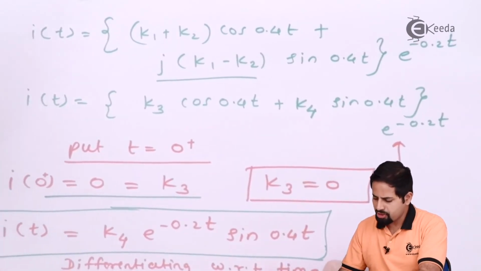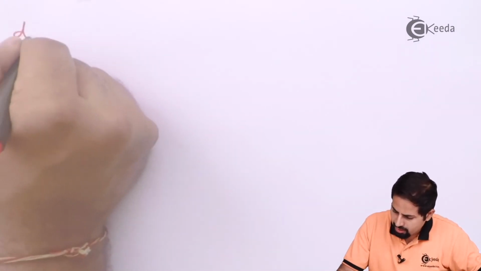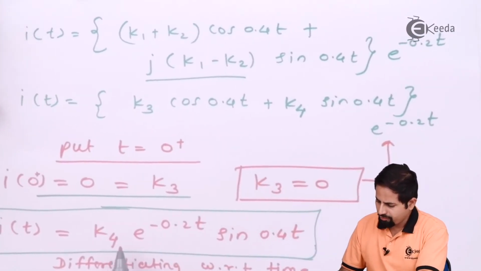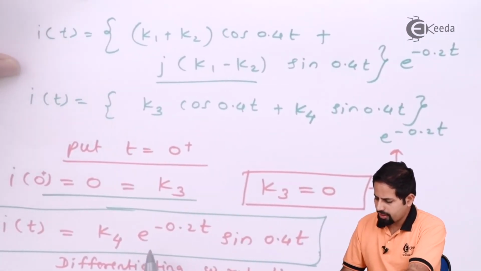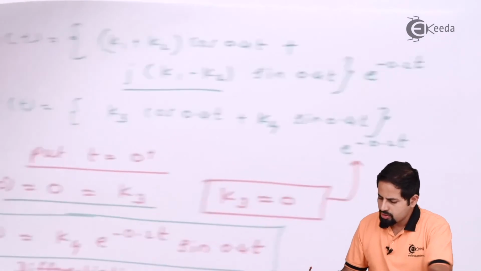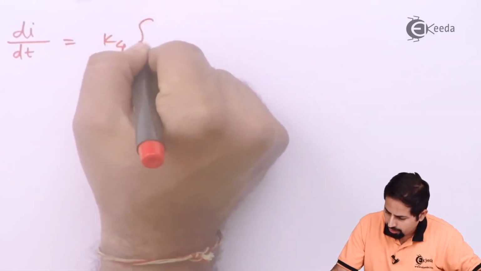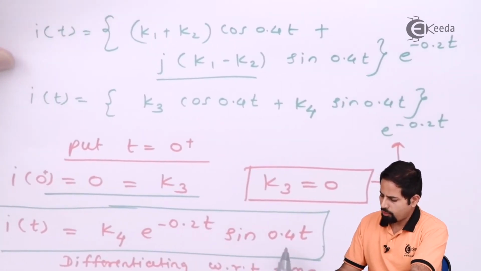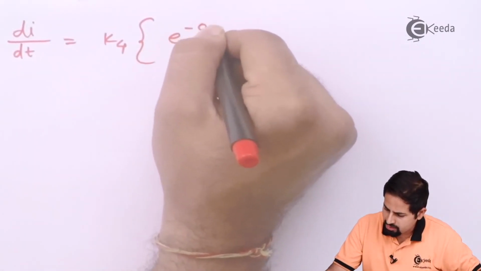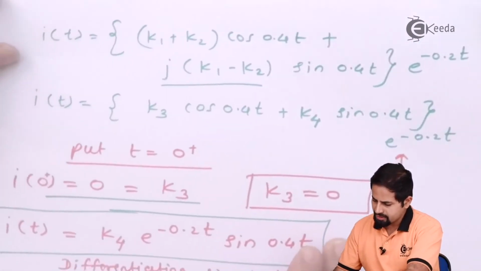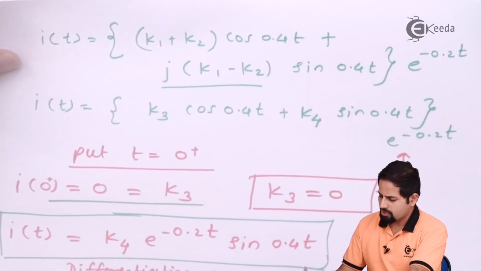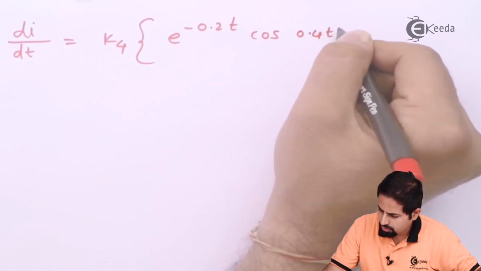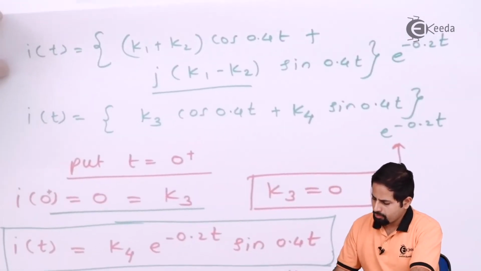When you differentiate this equation with respect to time, I should get di by dt equal to k4, which is a constant, so we'll take it outside. Here we should use the UV rule. So k4 in bracket, e raised to minus 0.2 t as it is, and derivative of sine will be cos of 0.4 t multiplied by 0.4.